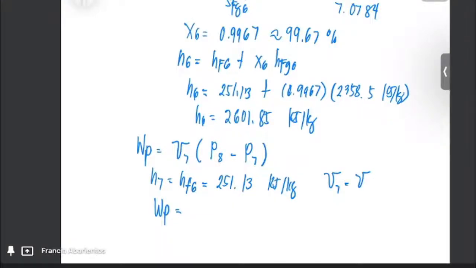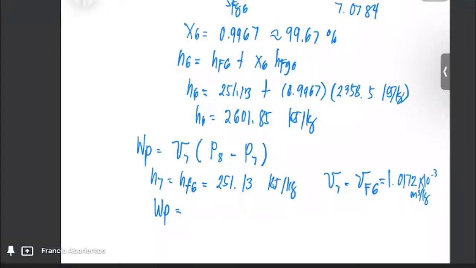Finding for the work of the pump, yung specific volume natin at 7. This is the specific volume saturated liquid at point 6, which is equal to ilan to class? 1.0172 cubic meter per kilogram.